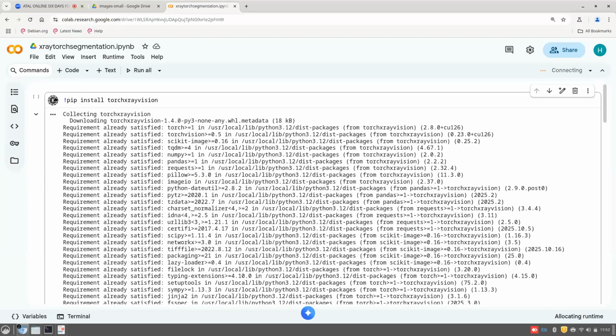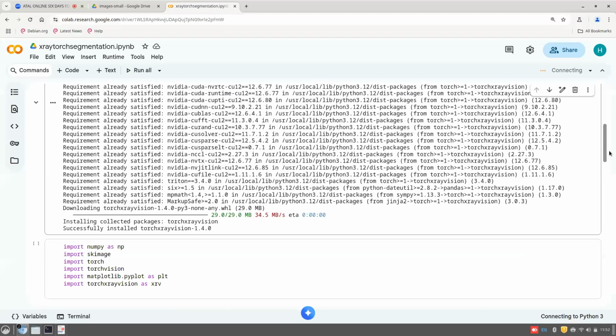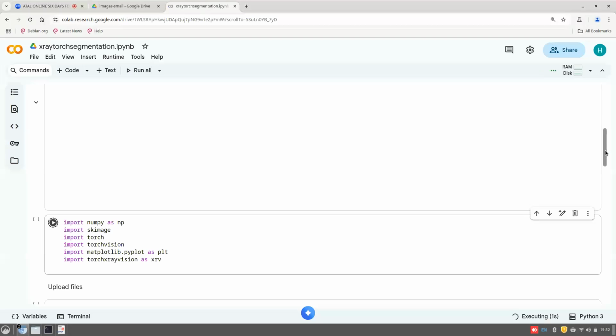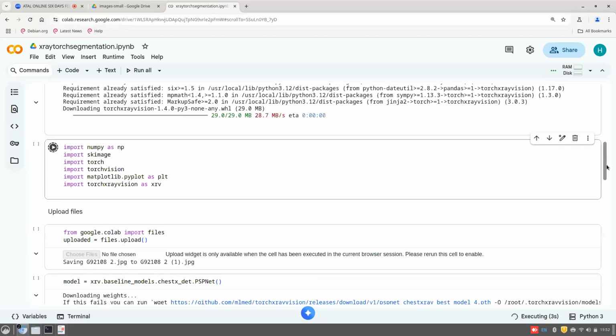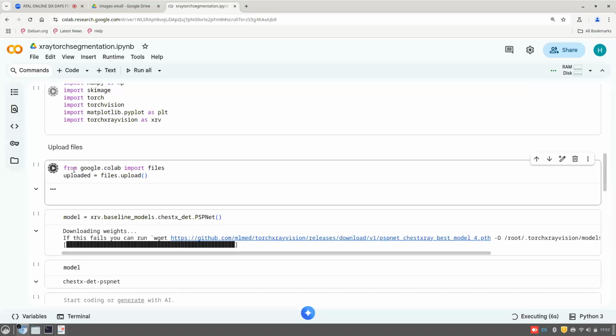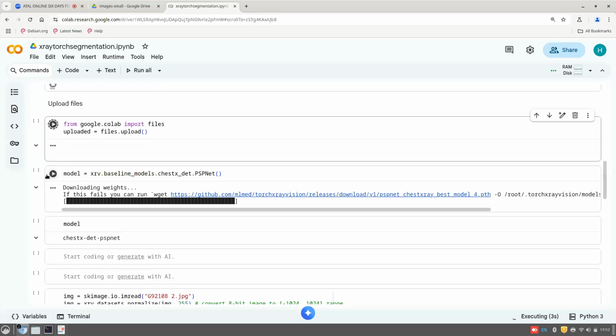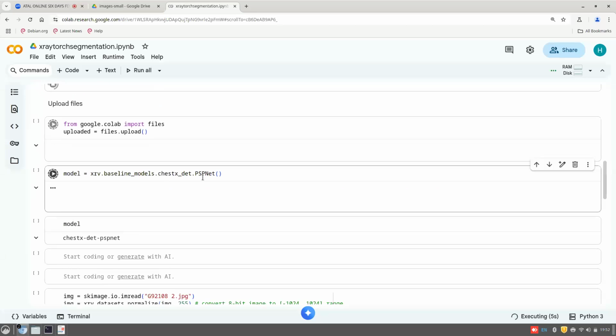Again, I'm uploading my input file, and I'm loading my model PSPNet, which is a model used for segmentation of body parts from chest X-ray images.